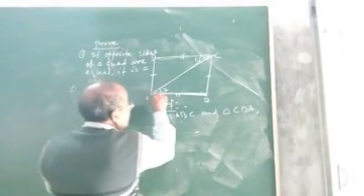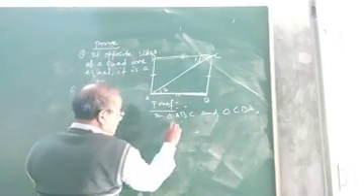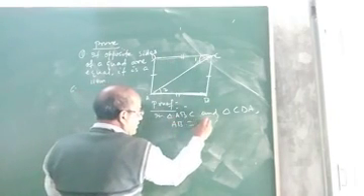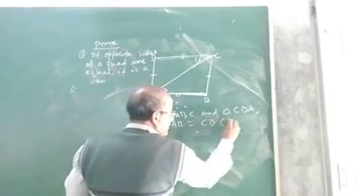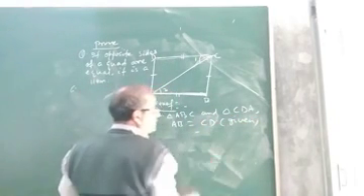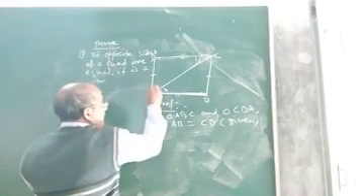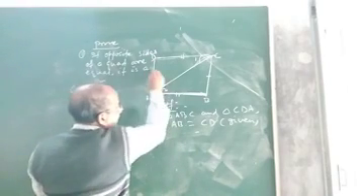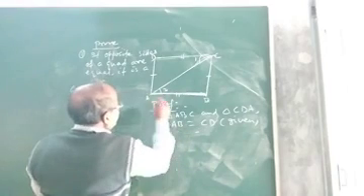Look at AB and CD. They are equal, it is already given. AB equal to CD, the reason is that it is given. Then look at AD equal to BC.